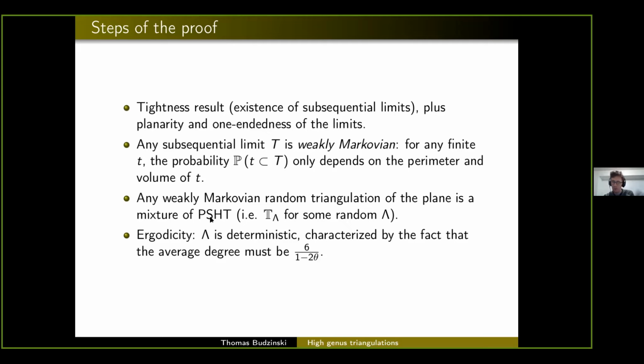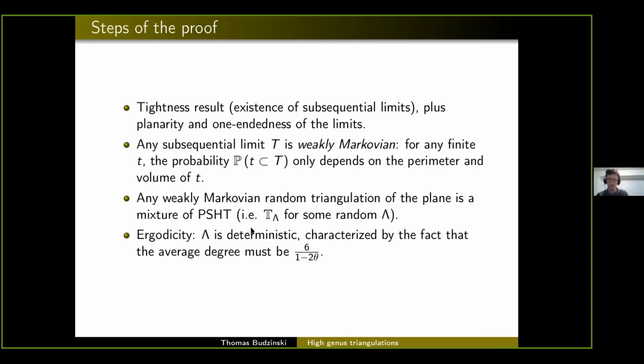It's an immediate consequence from the definition of the PSHT that it satisfies this weak Markov property. Actually, any mixture of PSHT also satisfies this weak Markov property. A mixture of PSHT is a PSHT, but where the parameter lambda can actually be random. And we proved that if we have a weakly Markovian random triangulation of the plane, then it has to be a PSHT with a randomized parameter.